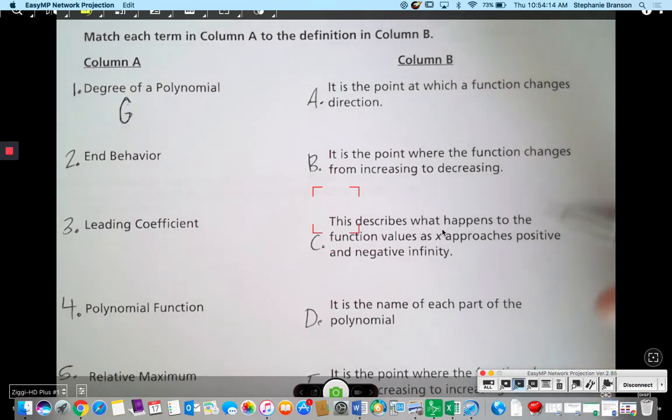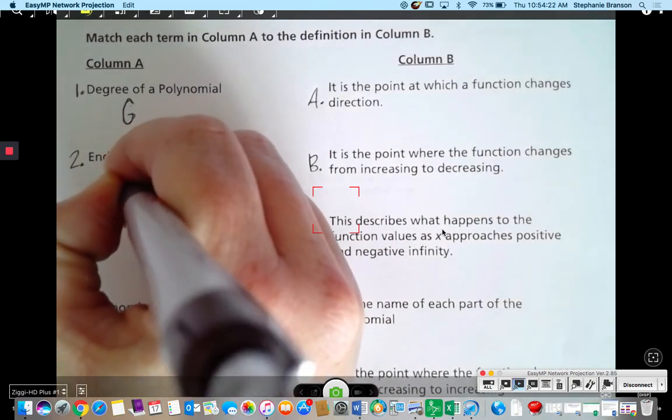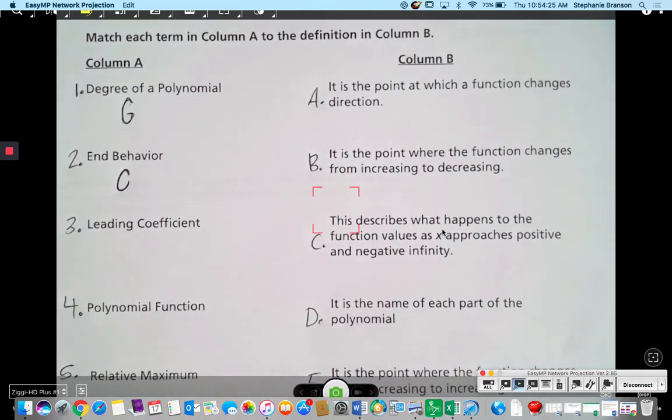Number 2, end behavior. This describes what happens to the function values as x approaches positive and negative infinity. So it tells you what your y values are doing as x approaches positive infinity and as x approaches negative infinity.